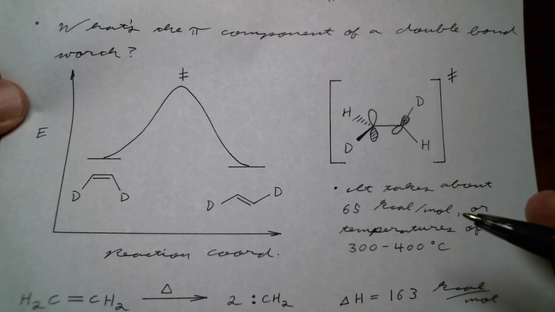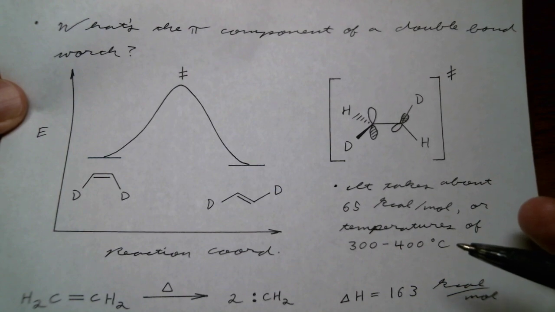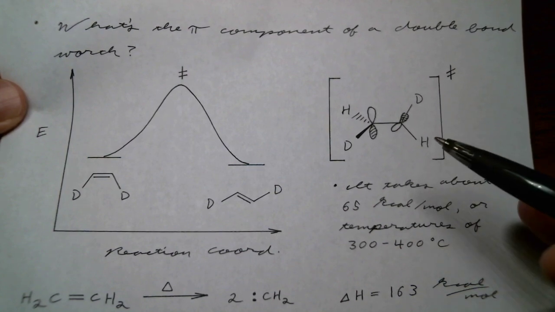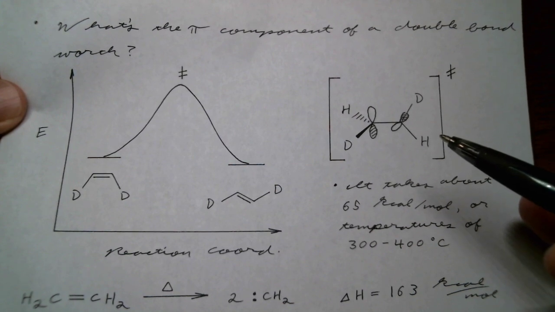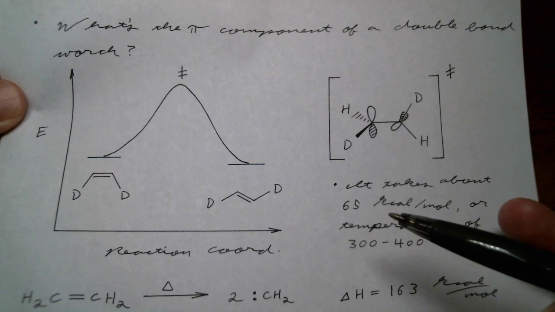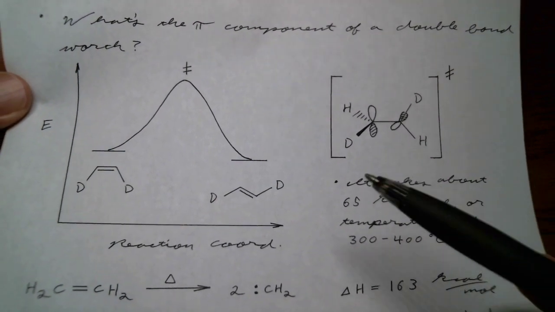So here we go. It takes about 65 kcals per mole, or temperatures of 300 to 400 degrees C, in order to break that pi bond. So the pi bond itself, that double bond component's only worth 65 kcals per mole. That's a lot less than the carbon-carbon single bond component.